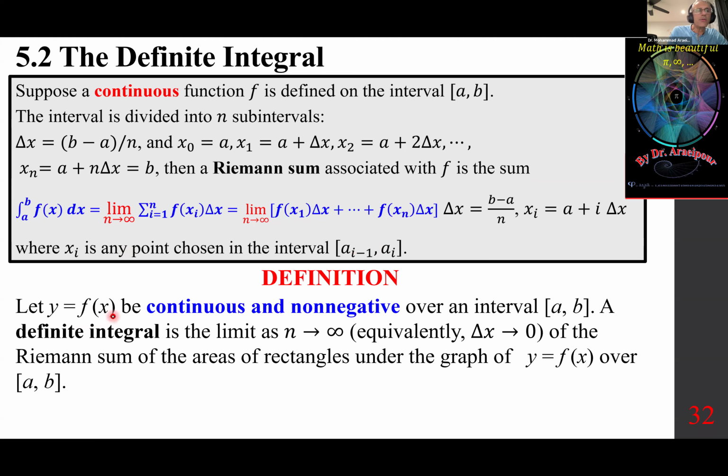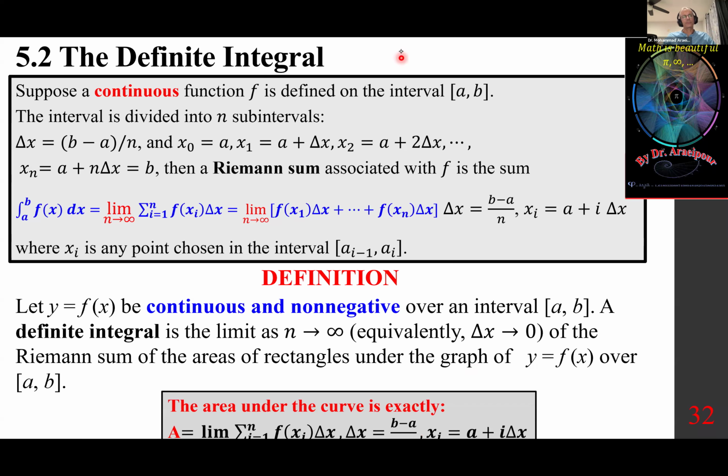Let y equals f of x be continuous and non-negative over an interval of a to b. A definite integral is the limit as n goes to infinity, equivalently delta x goes to 0, of the Riemann sum of the areas of rectangles under the graph of y equals f of x over a to b.